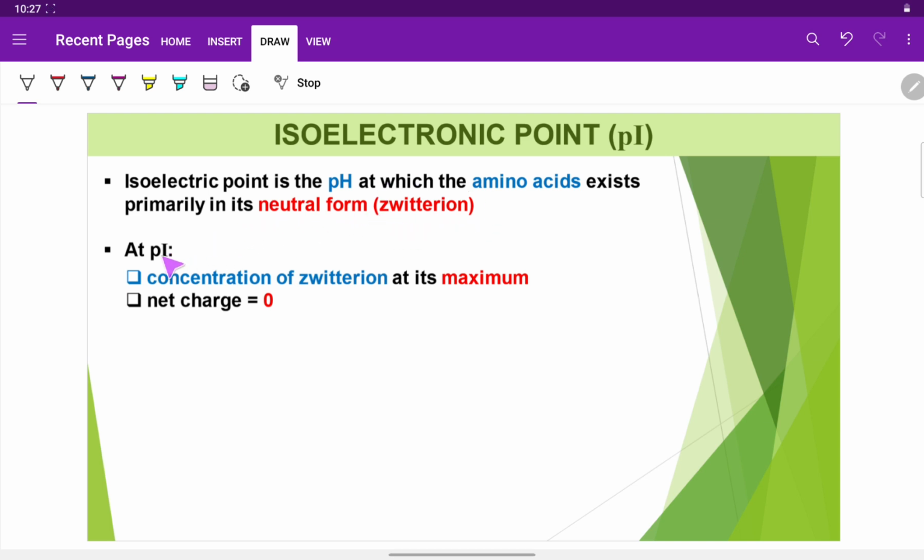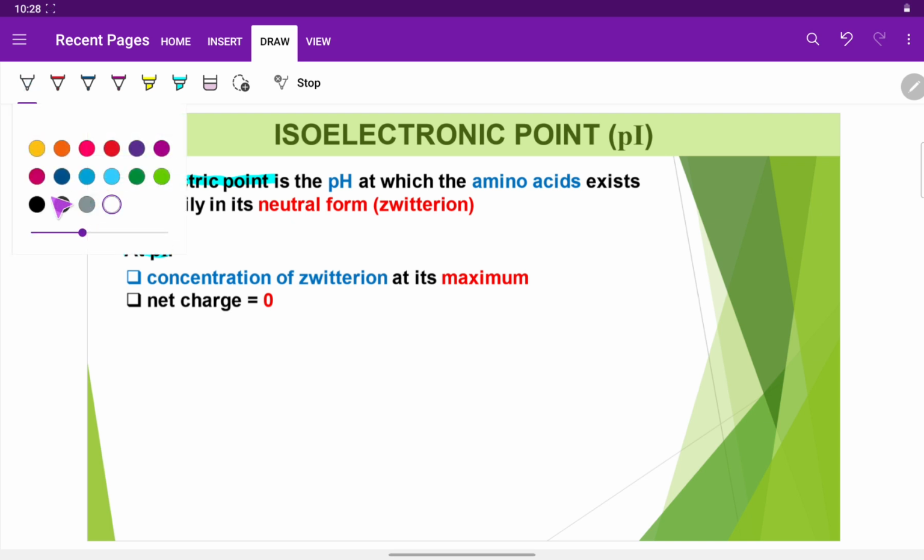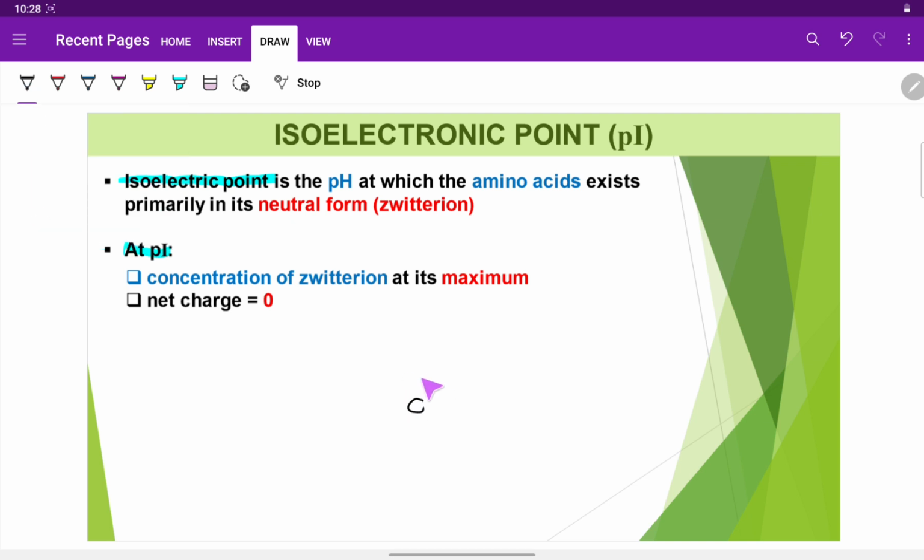So, maksudnya, at the isoelectric point, the concentration of zwitter ion is at its maximum and the net charge is equal to 0. So kita punya zwitter ion tadi, the structure of your zwitter ion: C, H, COO minus, NH3 plus, H dekat sini, G, so any group dekat sini.